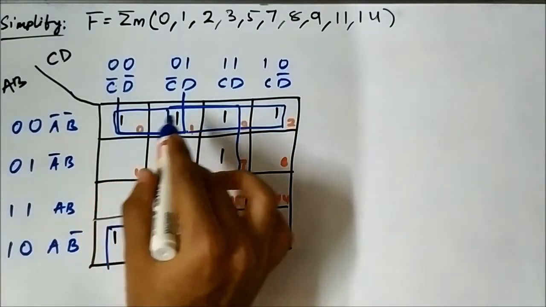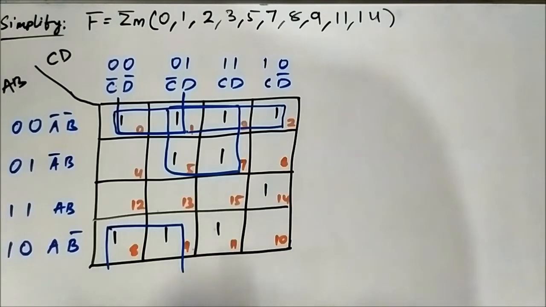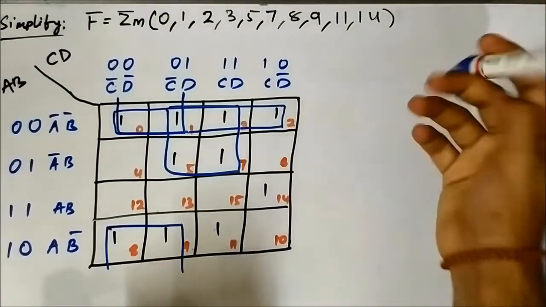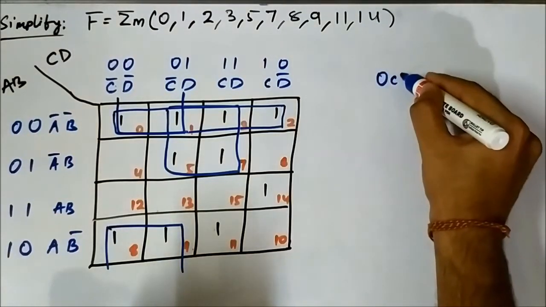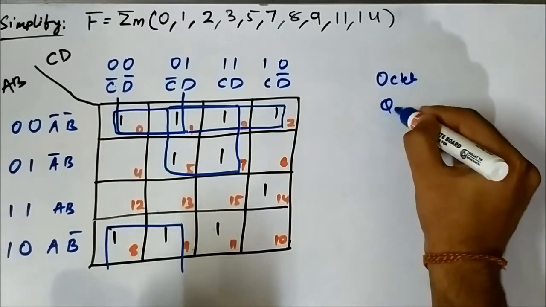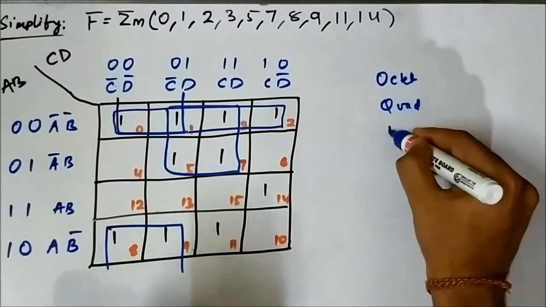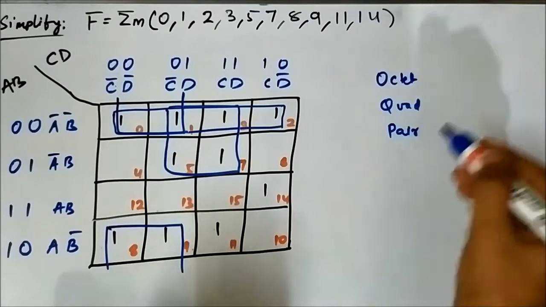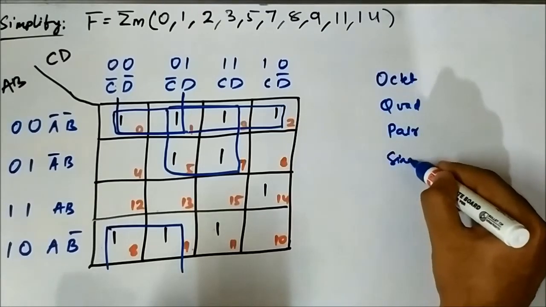8, 9, 0, 1. Okay, the rule of group formation: always give priority to a higher group. The priority of an octet is higher, then like that, first priority is octet, then quad, then pair, then if there is no other choice, then single.